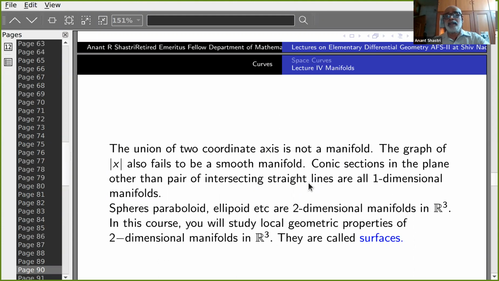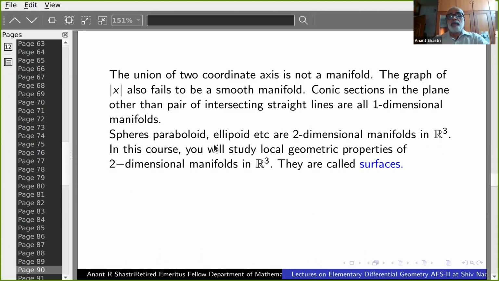Which was not the case with our parameterized curve. So we have got something more. We still haven't got everything. That is the case. Okay, spheres, paraboloids, ellipsoids, etc. are all two-dimensional manifolds inside R3.